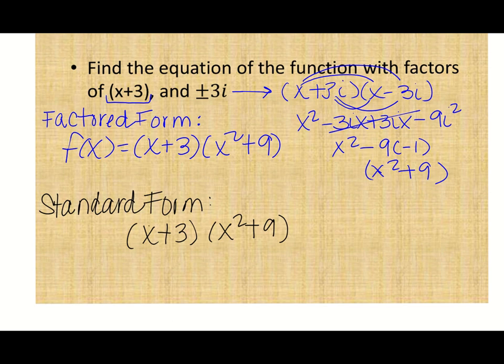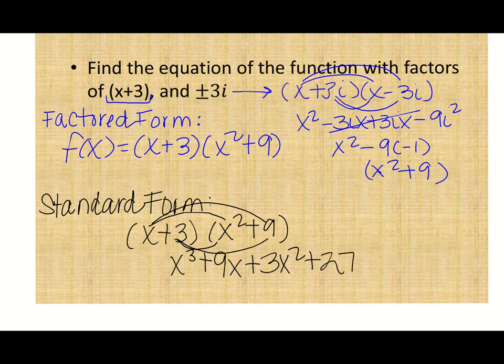So I would take x times x squared, which is going to give me x cubed, x times 9, which is going to give me 9x, 3 times x squared, 3x squared, and then 3 times 9, which is going to give me 27.